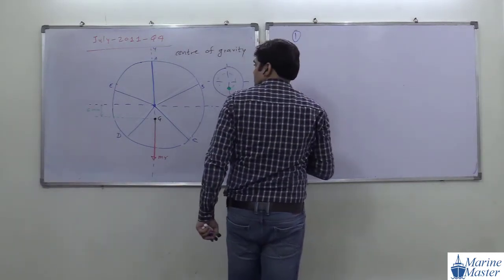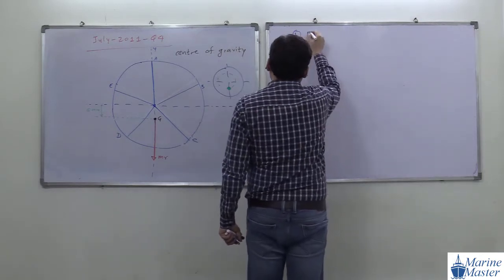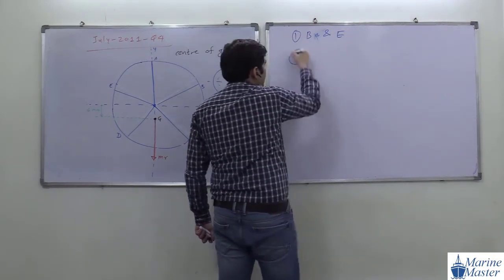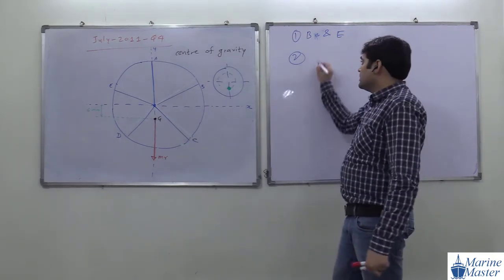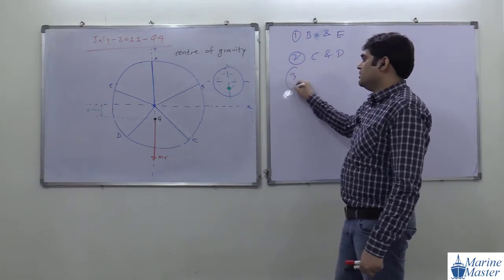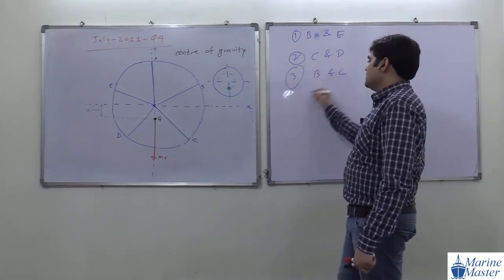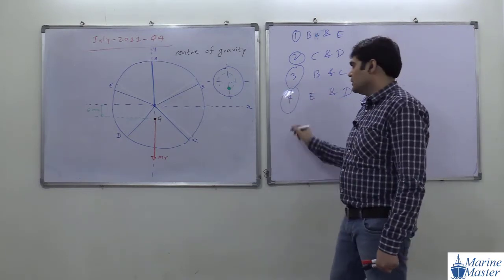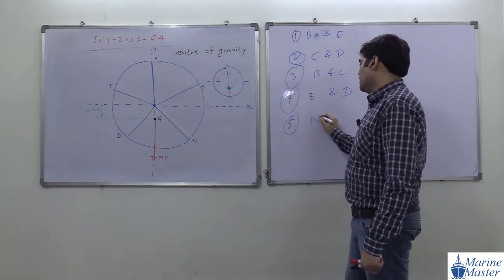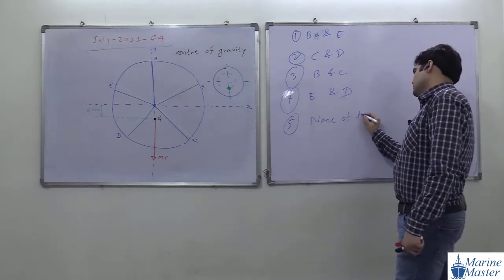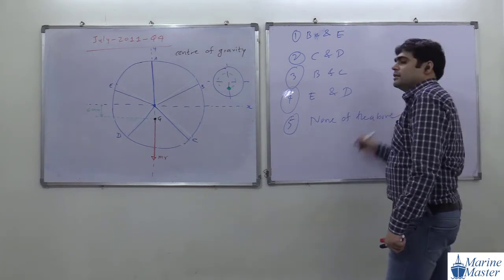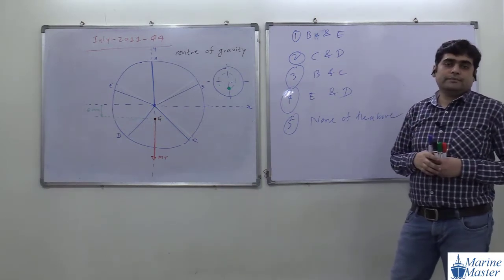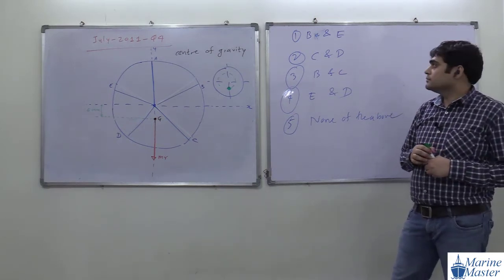Option 1, B and E. Option 2, C and D. Option 3, B and C. Option 4, E and D. And option 5, none of the above. Out of these five options, which option will be the correct one?